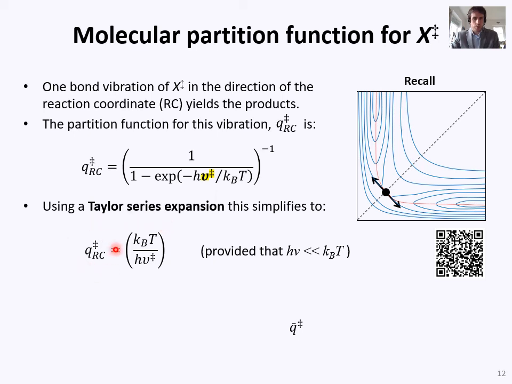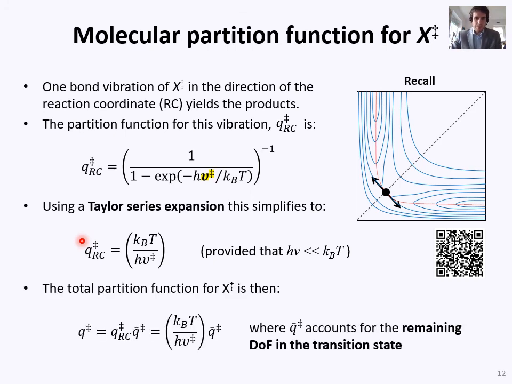Within the transition state, the partition function for the transition state is basically the partition function for this one vibration multiplied by the partition functions of all the remaining degrees of freedom.